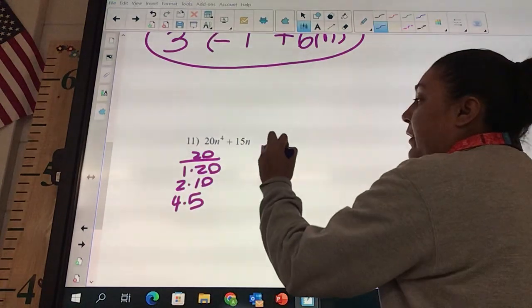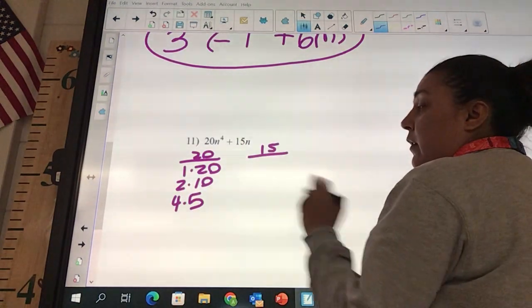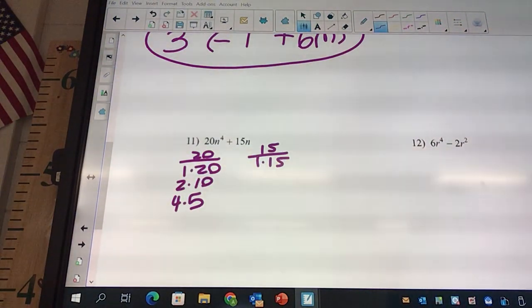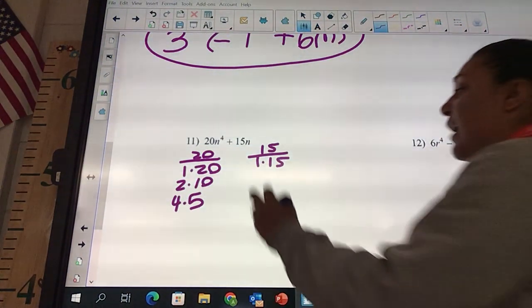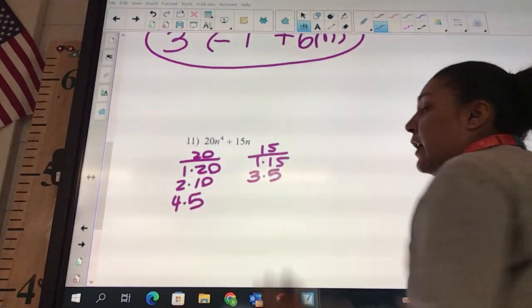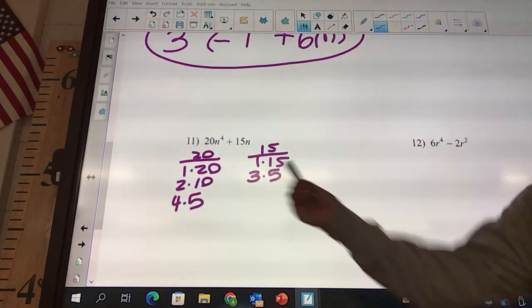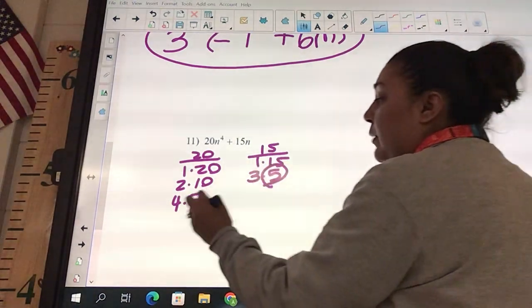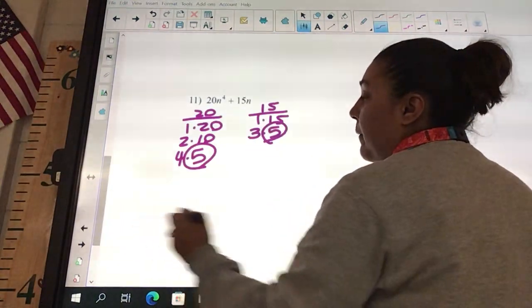Okay, what about 15? 1 and 15. Does 2 go in? 3. 3 and 5. Does 4 go in? And 5's already on our list. So what is the biggest number there? Matchies. Yep, 5. So 5 is going to be our greatest common factor.